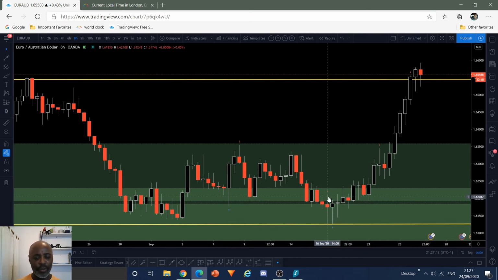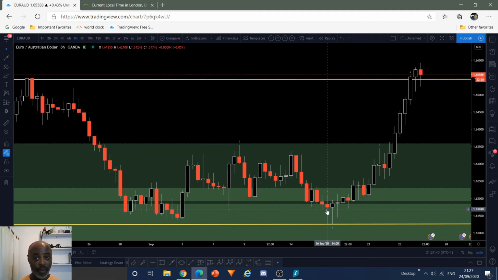Here, you can see where I got took out. This bar here. Okay, and what I said was, and this bar here, as you can see the blue arrow there, which is the bar that we entered on, when I was shooting my video, I was interested, this bar here, on the 21st of September, I said that if this bar closes anything like this, I'm going to be interested in going long.